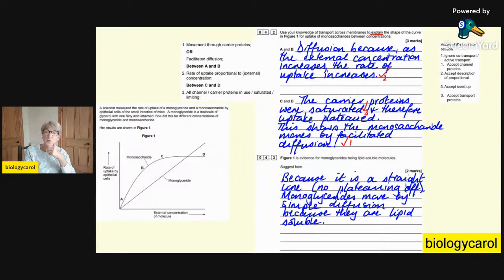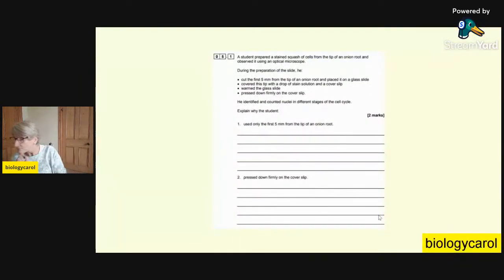And I said they move by simple diffusion because they are lipid soluble. Here is the mark point, here is the guidance, and I got mark point 1 because I said there was no plateauing off, and mark point 2 because I pointed out that they are going straight through. I said simple diffusion, and that means they are going straight through the phospholipid bilayer. They're not using a carrier protein.